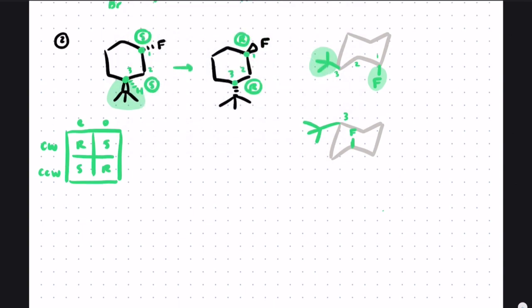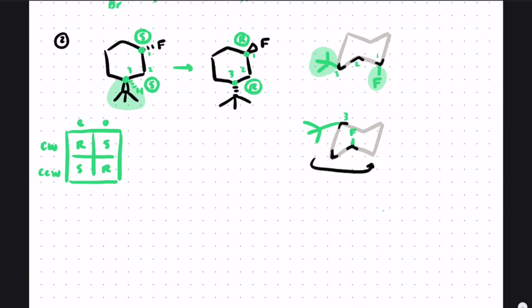And you can sort of see the symmetry here. It's sort of a difficult thing to draw, but if I were to take this chair, which we still remember is a circular structure, and rotate it a little bit, like I was putting it on a plate and spinning it, you would be able to see that this carbon matches up with this carbon, and this carbon matches up with this carbon.